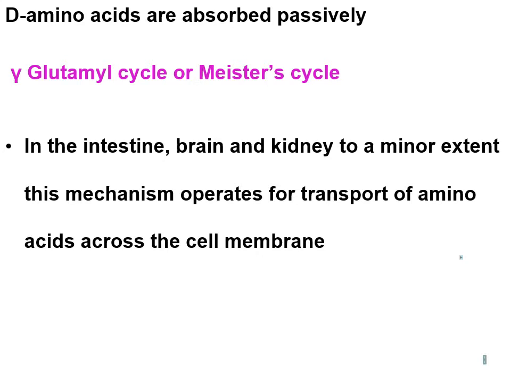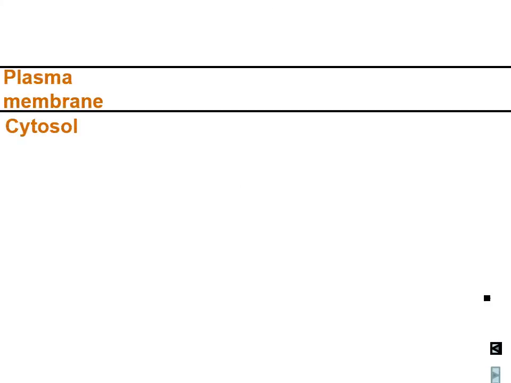So the next mechanism of absorption, to a lesser extent, which is seen in the intestine, brain and kidney, is by a mechanism called as Meister cycle or gamma glutamyl cycle, which operates to transport amino acids across the cell membrane.